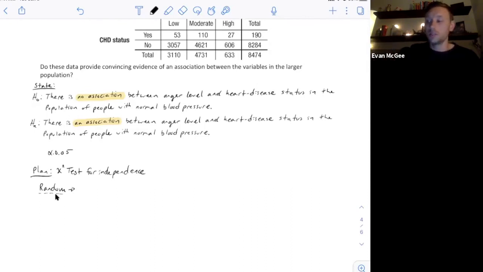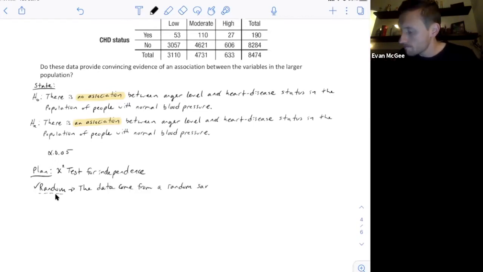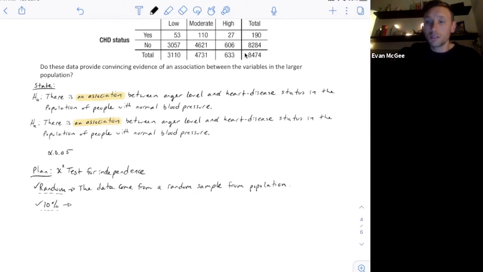In this case, they told us it was a random sample, so we're good to move on. Next, the 10% condition. Our sample size is 8,474 people, and it's safe to assume that this is less than 10% of all people who have normal blood pressure. So the 10% condition is met.